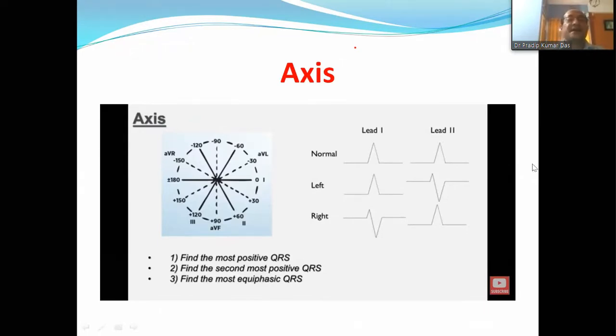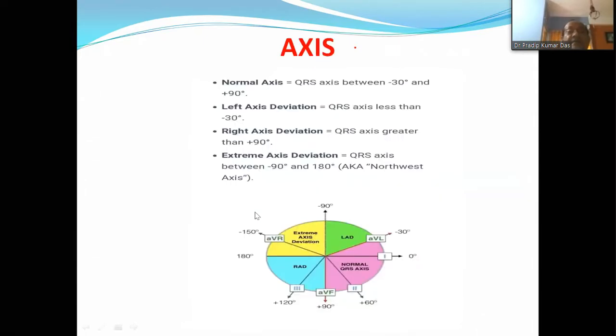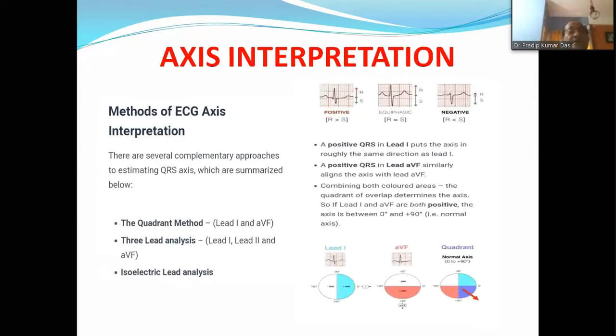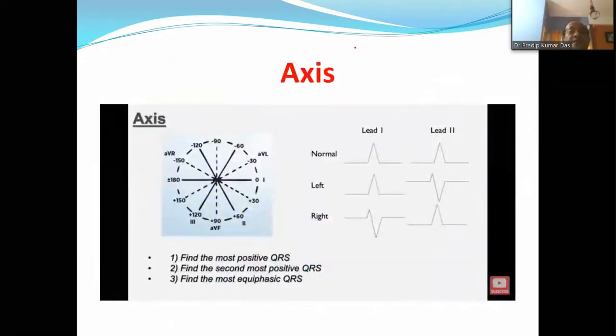Next, and last of the ECG basics, is the axis of the ECG. We can see from here that the heart can be seen from the frontal plane by the limb leads and augmented limb leads, and from the horizontal plane by the chest leads.